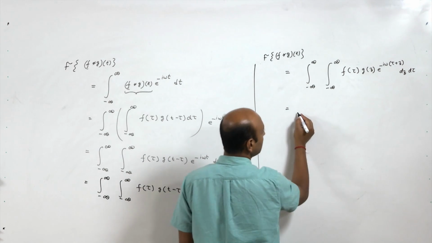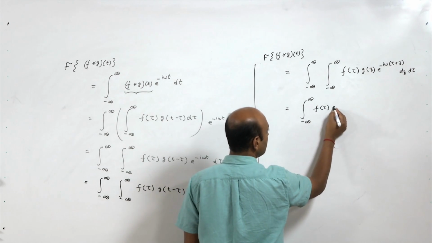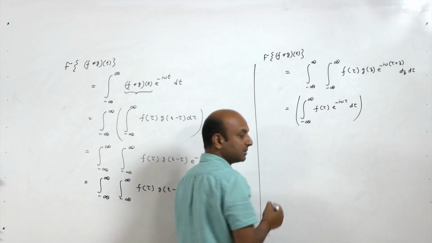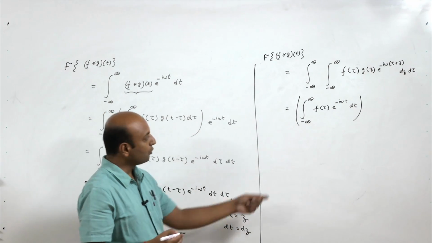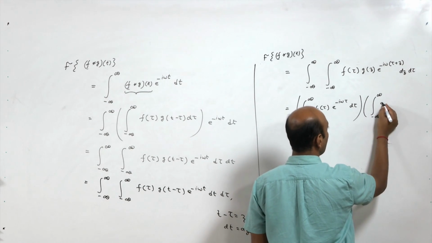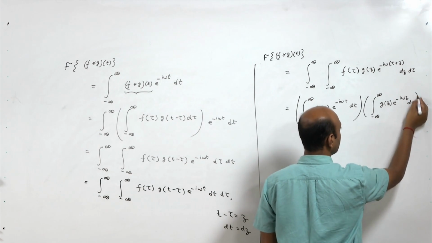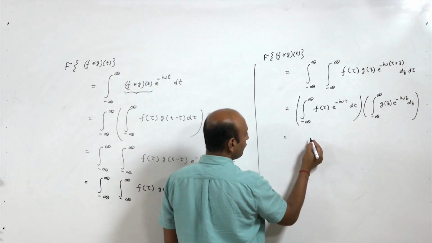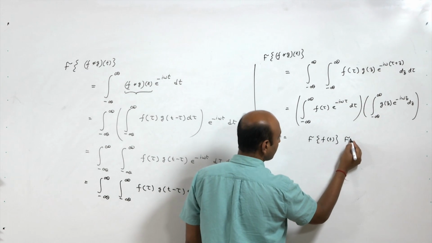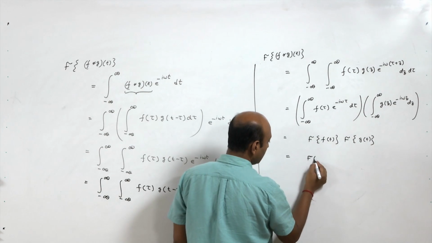Now you can write it like this: the integral from minus to plus infinity of f(tau) e to the power minus iω tau d tau, because now you can separate the two variables, tau we can write separately and z we can write separately. So, we can always do this, and this is nothing but the Fourier transform of f(t), and this is nothing but the Fourier transform of g(t). So, this is nothing but F(omega) into G(omega).